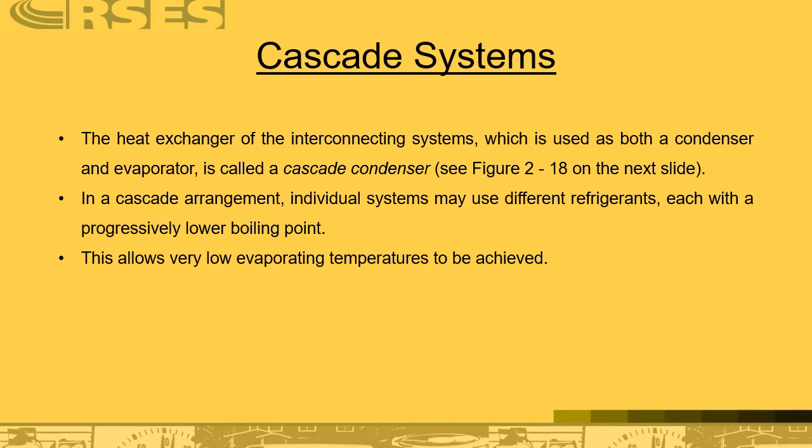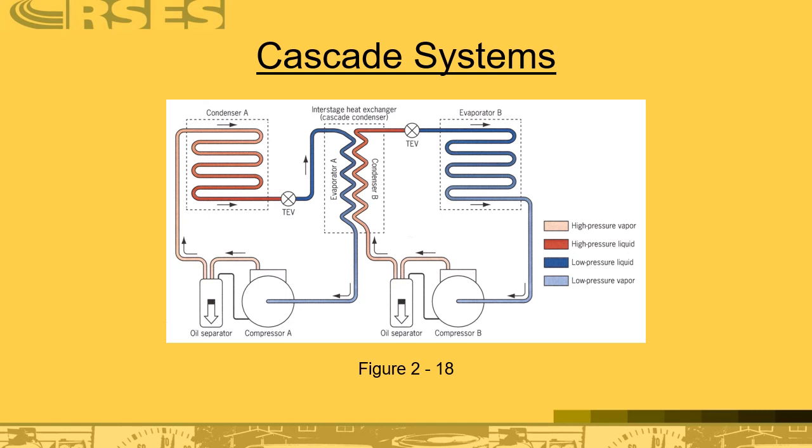Cascade arrangement. Individual systems may utilize different refrigerants, each with a progressively lower boiling point. This allows very low evaporating temperatures to be achieved. This is an example of a cascade system here. Many years ago when I first started teaching these classes, this is something I really specialized a lot in.